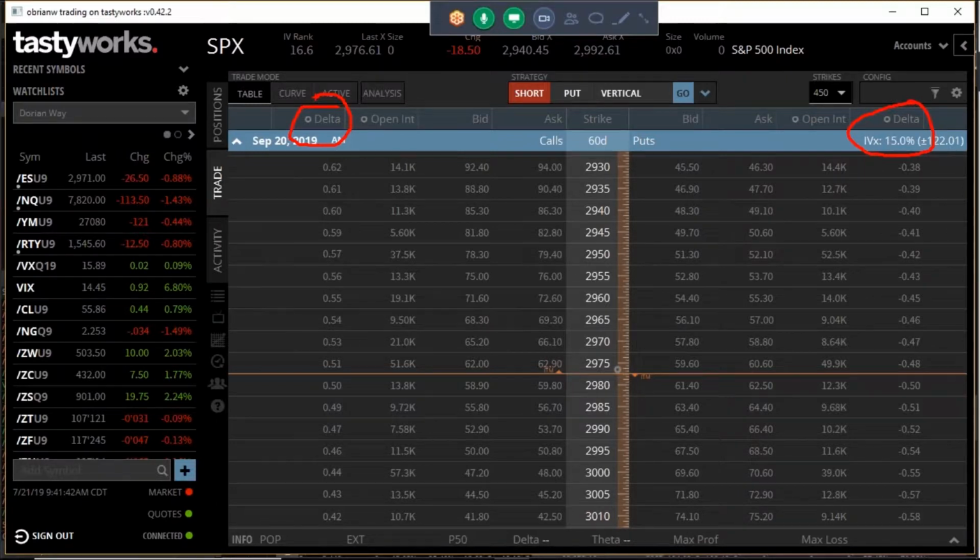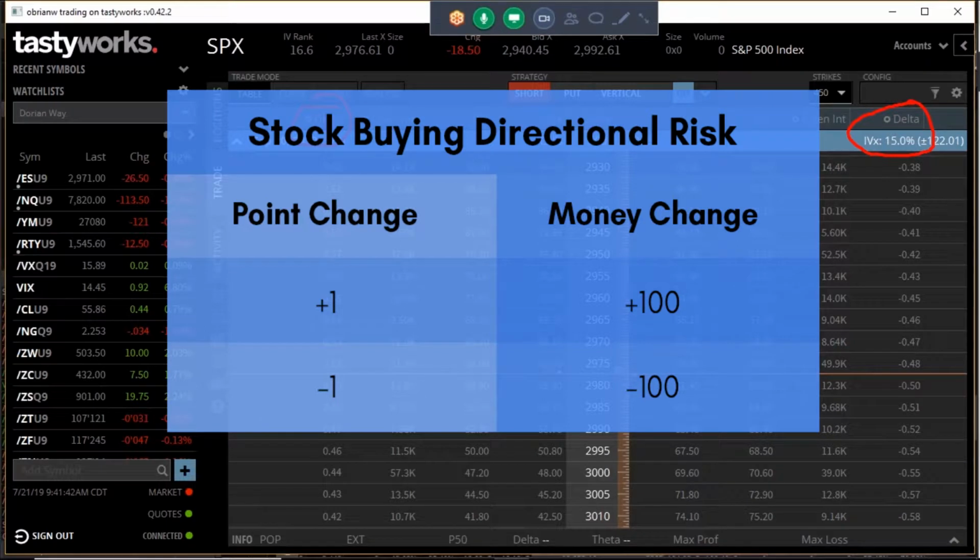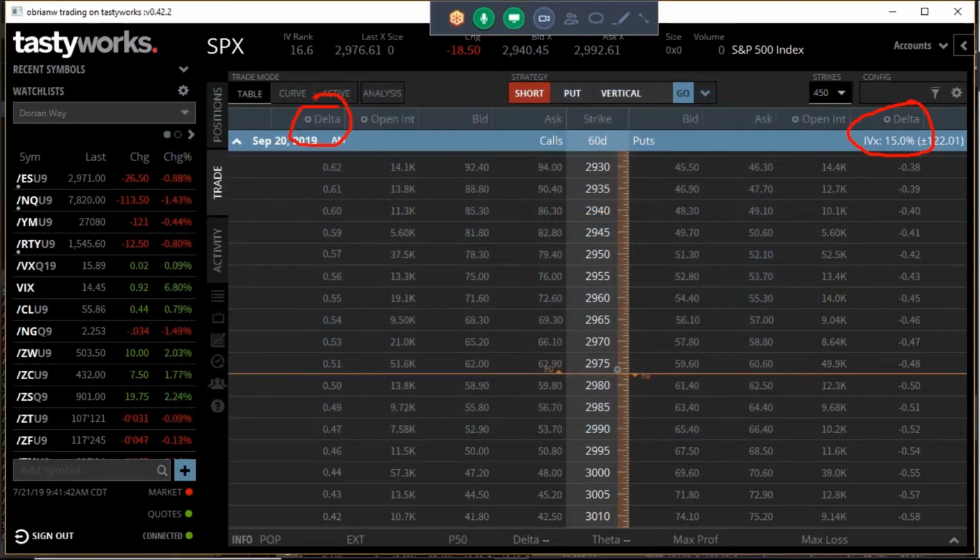As for directional risk, Delta determines how much you make or lose based on how the underlying security moves. For example, if you have positive 25 deltas in SPX, you will make $25 every time it moves up 1 point and lose $25 every time it moves down 1 point.